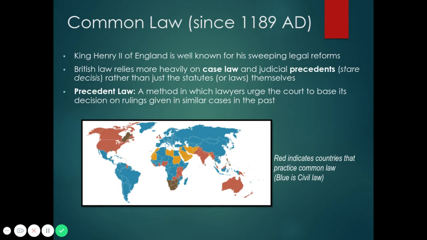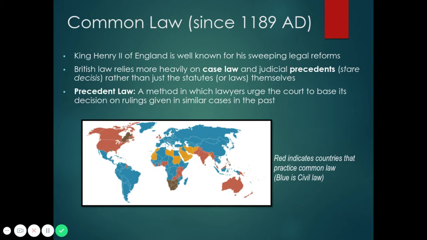And so legal reforms were brought in by King Henry the second, whose dates are 1154 to 1189. He sets up a system of traveling judges known as circuit court judges. And they go around and they listen to cases throughout Great Britain. At first, it's kind of difficult for them to overcome local traditions in deciding cases because people are really stuck in their ways.